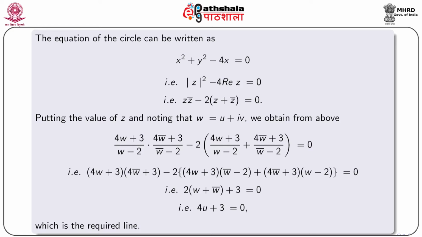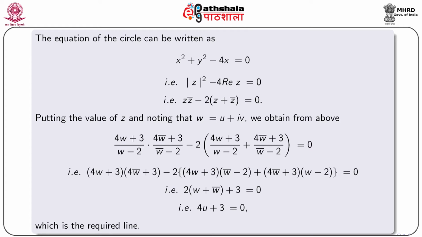So, putting the value of z and noting that W equal to U plus iV, we obtain from above 4W plus 3 by W minus 2 into 4W bar plus 3 by W bar minus 2 minus 2 into 4W plus 3 by W minus 2 plus 4W bar plus 3 by W bar minus 2 equal to 0.